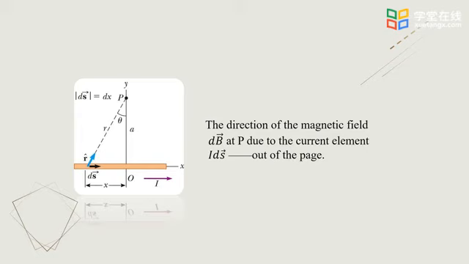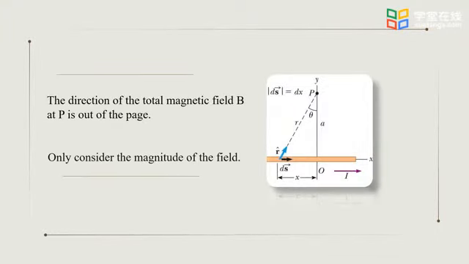It's out of the page because the cross product is out of the page. Actually, because all the current elements are located in the plane of the page, they all produce a magnetic field out of the page at the point P. Therefore, the direction of the total magnetic field B at P is out of the page, and we need only consider the magnitude of the field.